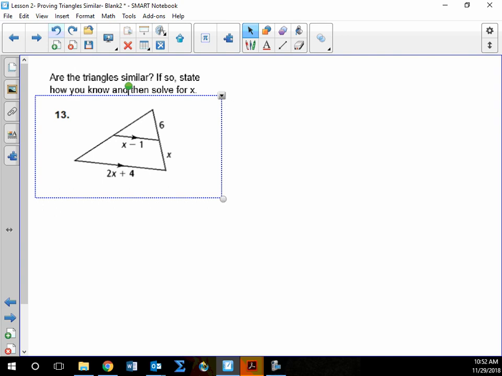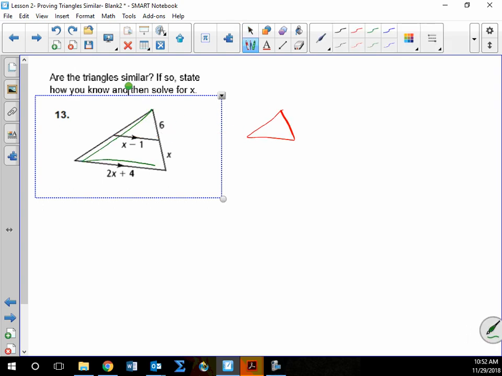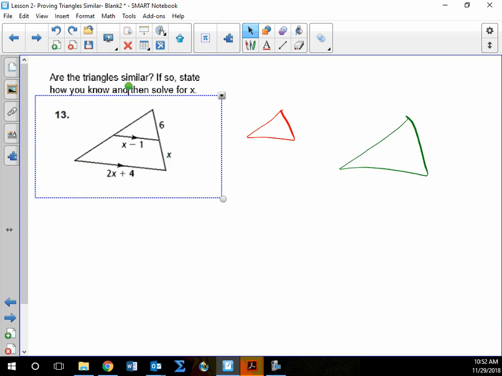It's the small one on top and then all of it together. Beautiful. Thank you. So we have our small triangle on top, and then we have the big triangle. Sometimes I think it's beneficial to draw these separately. You'll see why in just a moment.